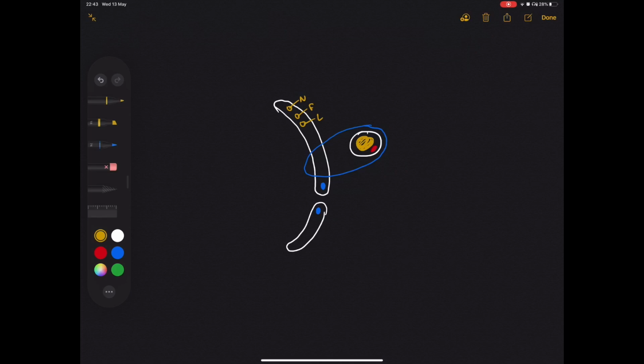And there are also nerves involved in the movement of the extraocular muscles. And these would be oculomotor, trochlear, as well as abducens.